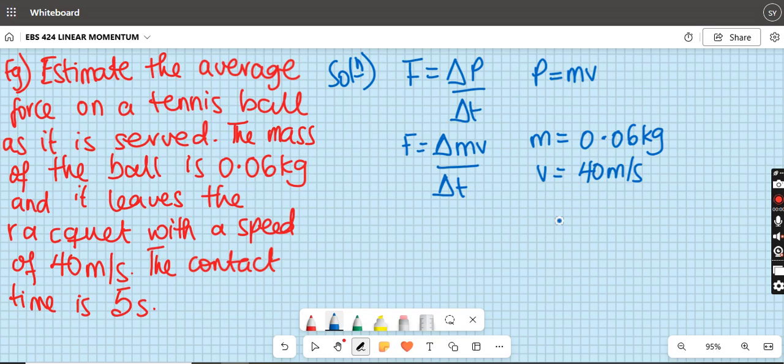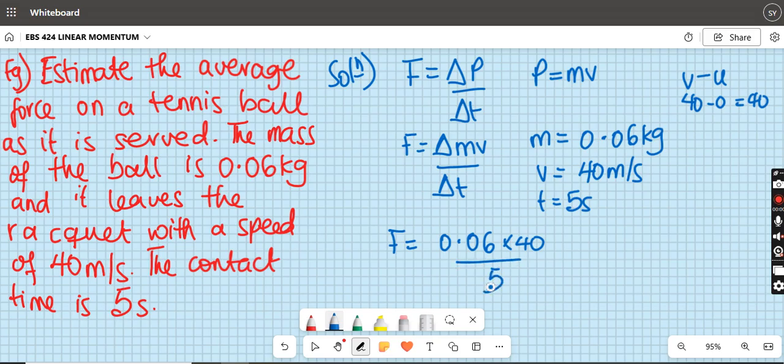It changes from 0 to 40, so v minus u is 40 minus 0, which is 40. The time it takes is 5 seconds, that's the change in time. Our force is now 0.06 times 40 all over 5.